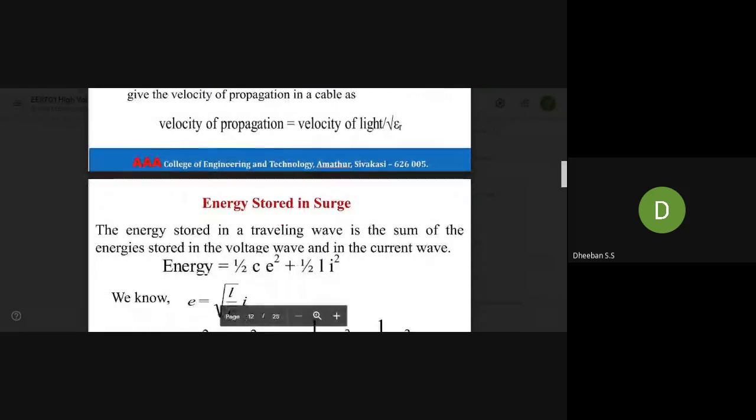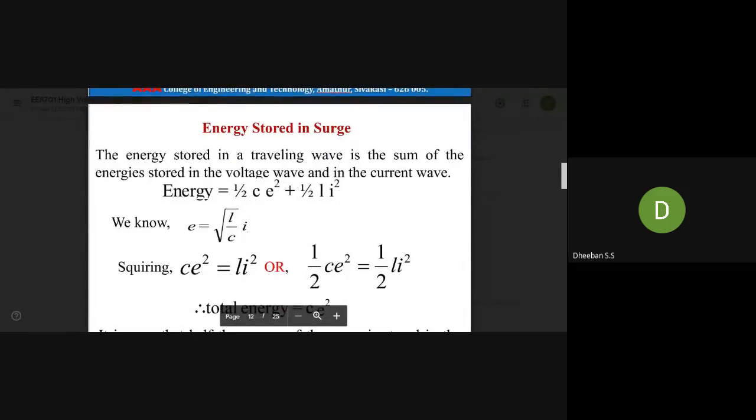Next is the energy stored in the surge. Here they'll be taking the energy stored in the traveling wave. It involves two parameters: one is your capacitance and another is your inductance. These two parameters are your storage elements.